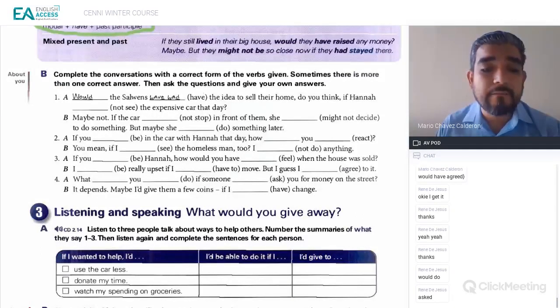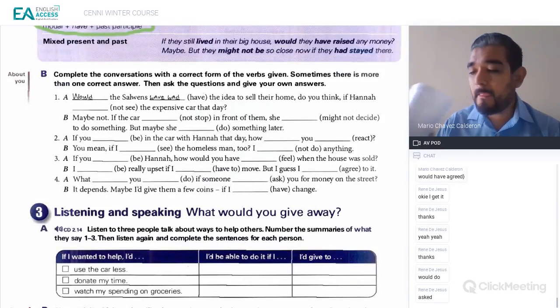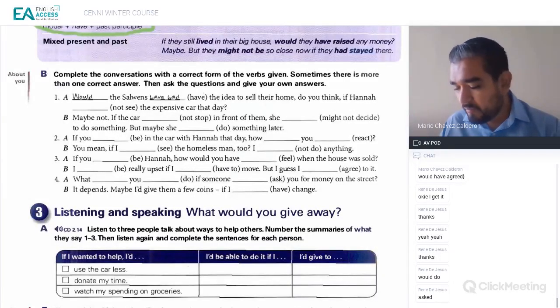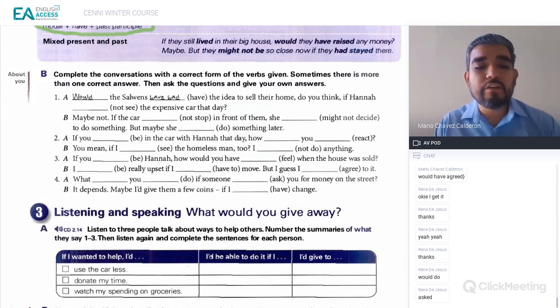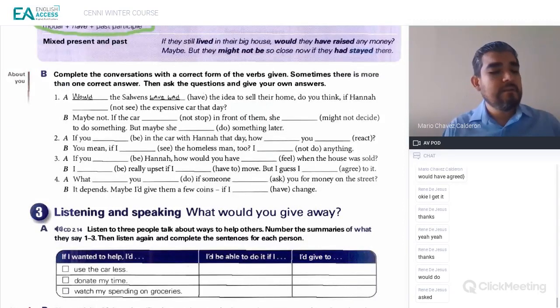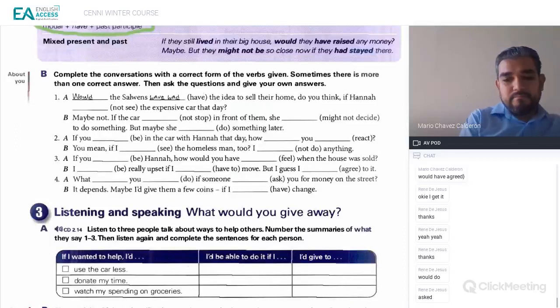Maybe give them a few coins if. The last one, I give them a few coins if I.